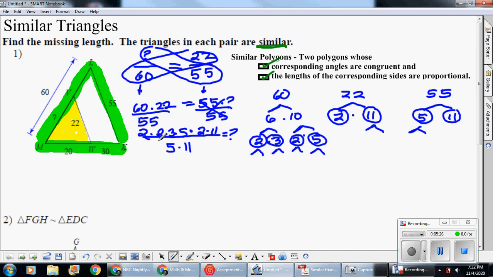If you have the same number on the numerator and denominator, top and bottom, you can cancel them. So I can cancel a 5, and I can cancel 11. That's all I can cancel. So your answer will be the following. The side that I'm looking for is 2 times 2 is 4, 4 times 3 is 12, 12 times 2 is 24. So the question mark is 24.